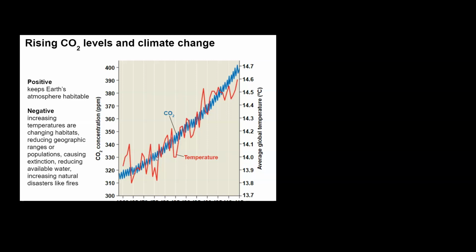We have a reduction in available water occurring in different ecosystems, and all of this can lead to natural disasters like we've seen so commonly in California with rampant fires. But also in other parts of the United States and around the world, we see other natural disasters like crazy, unusual storms that cause more habitat destruction and impact on ecosystems and on life.